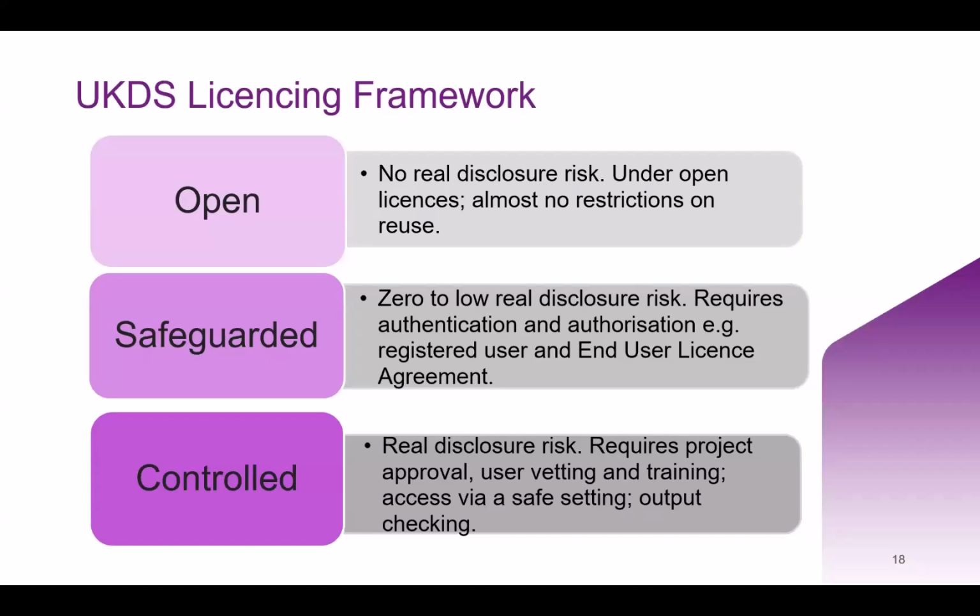Safeguarded access is for data that contain no personal information, but the data owner considers a risk of disclosure resulting from linkage to other data or combining pieces of information in the data. It is available under an end user license, and users need to register to access data. Users also need to agree to certain conditions, such as not to disclose any identifying information.